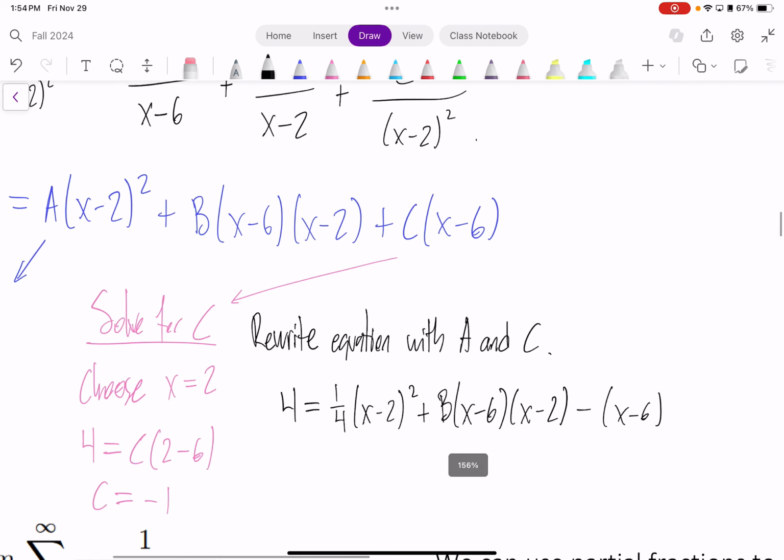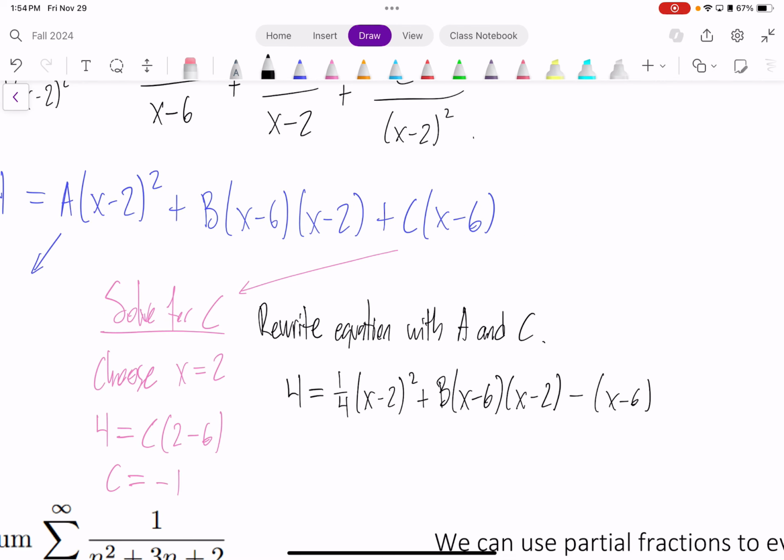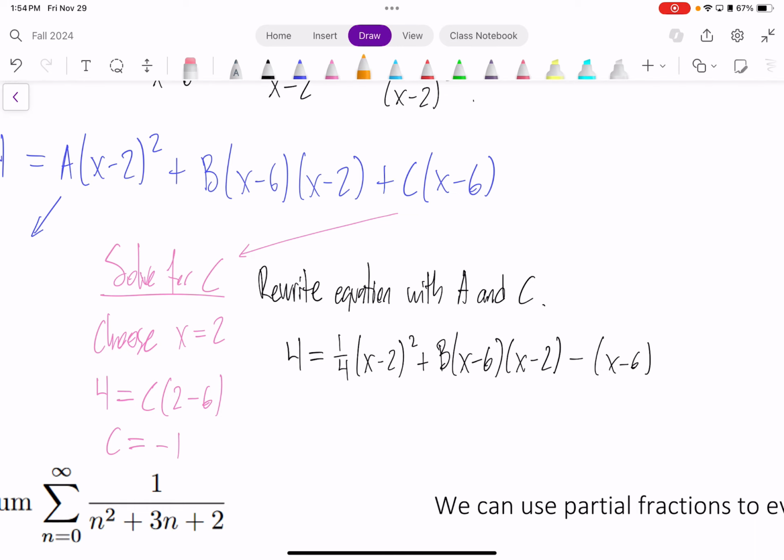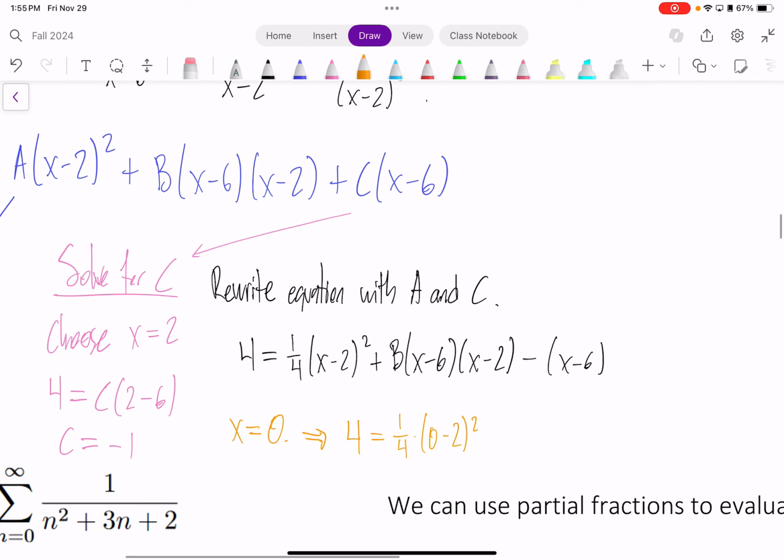Okay, so let's solve for b. Let's just choose x to be equal to 2. Oh, no, sorry. We can't choose x to be either of those nice values. Let's choose x equal to 0. So if we choose x to be equal to 0, we get 4 is equal to 1/4 times 0 minus 2 squared plus b times -6 times -2 minus 0 minus 6.